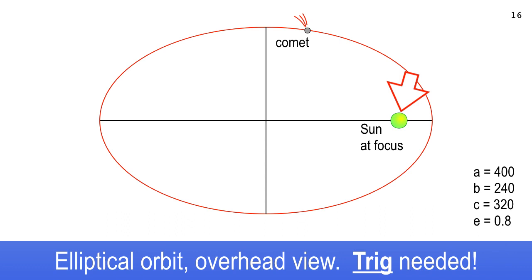And what Johannes Kepler found in the 1600s, about the same time as Galileo, was that every planet has an elliptical orbit, and the sun is not at the center, but exactly at one of the foci of the ellipse. So that's how we draw this in here. And it's true for comets as well.